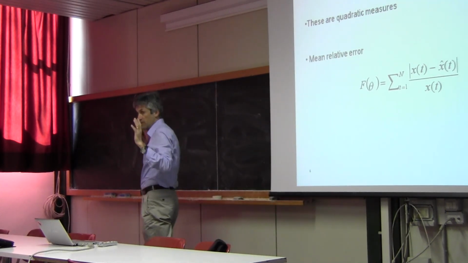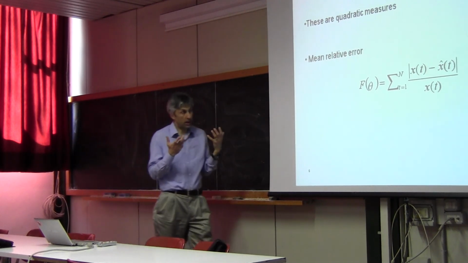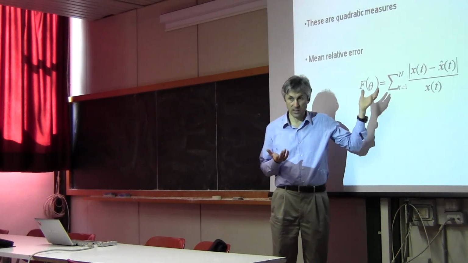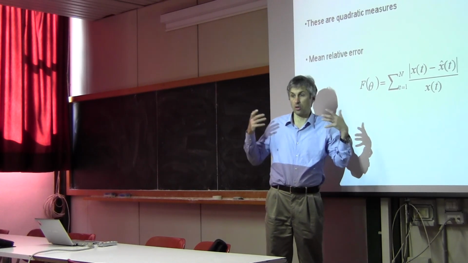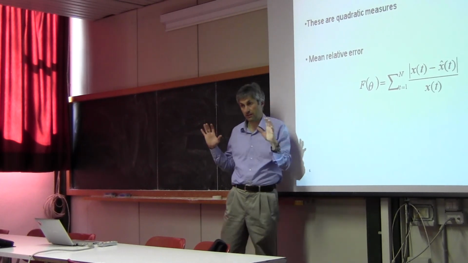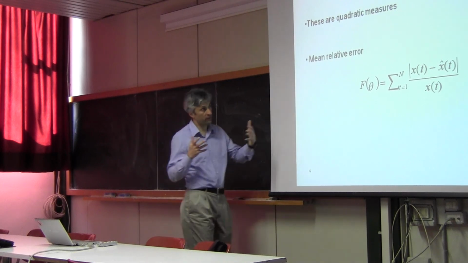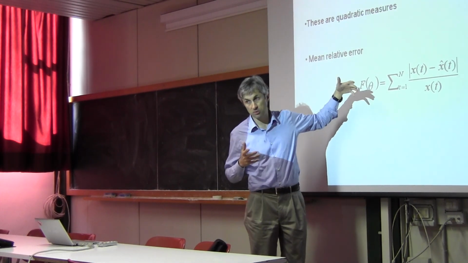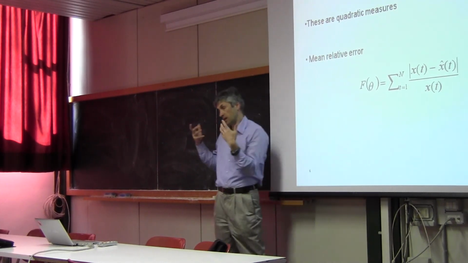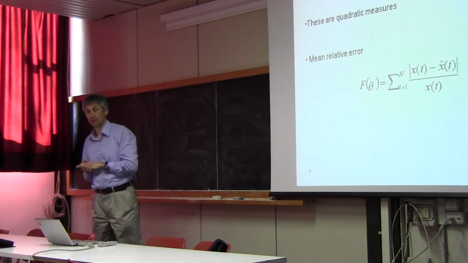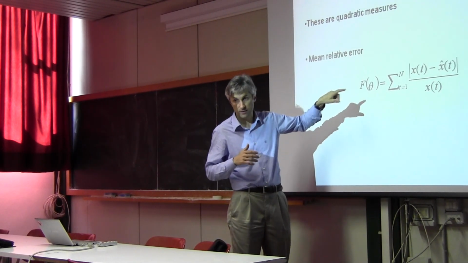It doesn't change anything for the calibration process, because our objective is to minimize this quantity. So the fact that you divide by n or not doesn't have any effect on model calibration, because of course the minimum of this relationship is also the minimum of the same relationship divided by n. But if you want an indication of the mean relative error, indeed you have to divide by n.